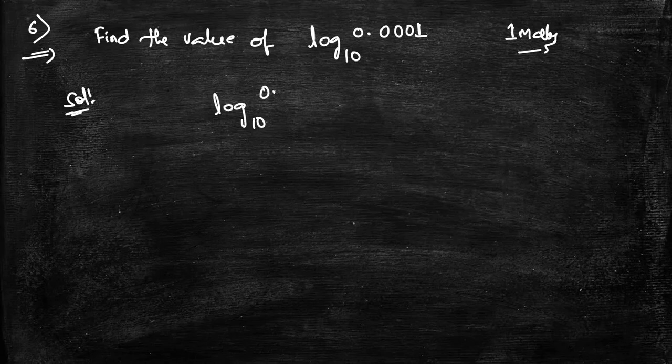Log 10, 0.0003 is given here, 3 zeros. Okay, so total 4 here. So log of 10 power, sorry, 1, 2, 3, 4, like this, 10,000. So it will become log of base 10. I can write it as 10 power of 4.